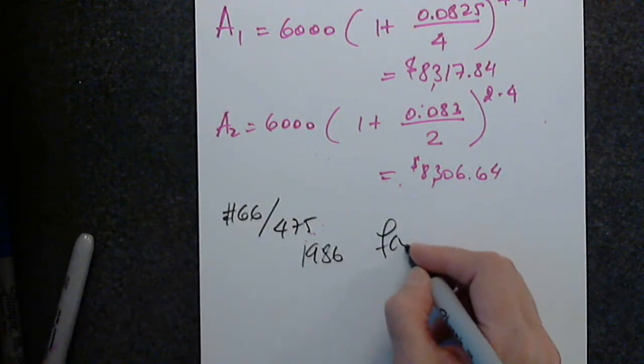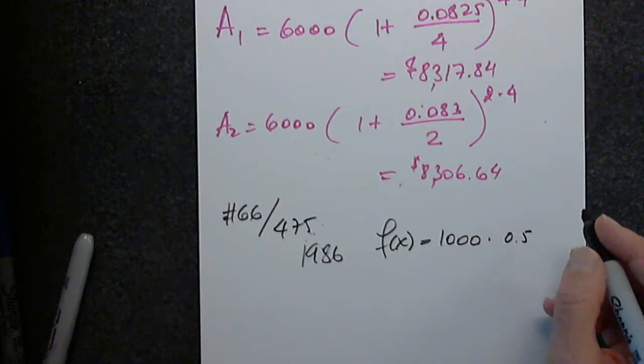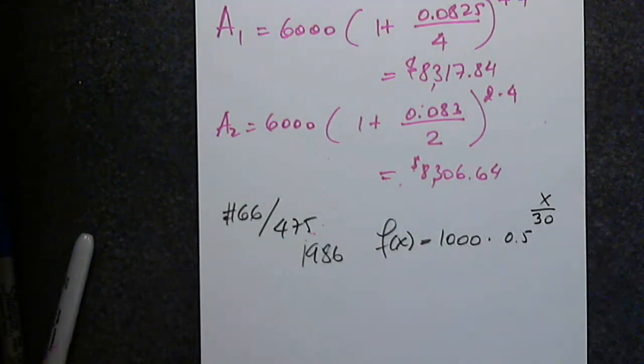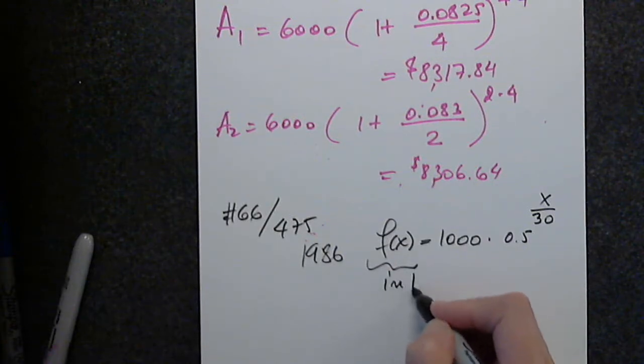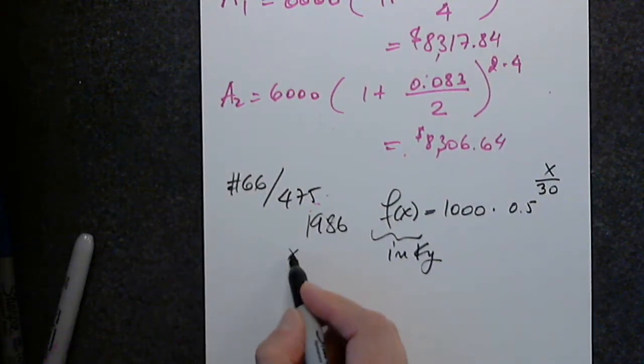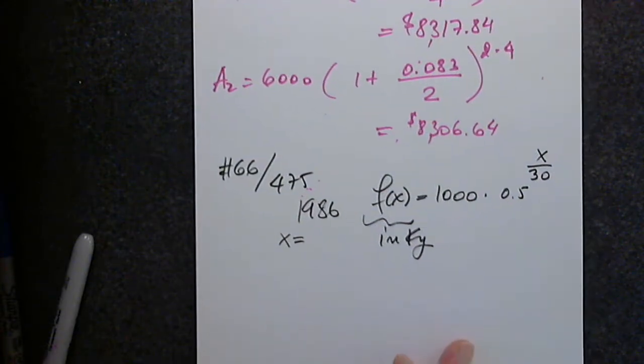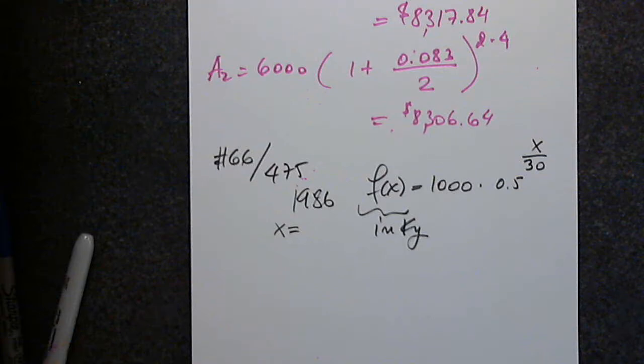So they're giving us a function f of x equals 1,000 times 0.5 raised to x divided by 30. It describes the amount f of x in kilograms of cesium-137 remaining in Chernobyl x years after 1986. So what is x for 1986? X years after 1986. 0. Very good, awesome, thank you.